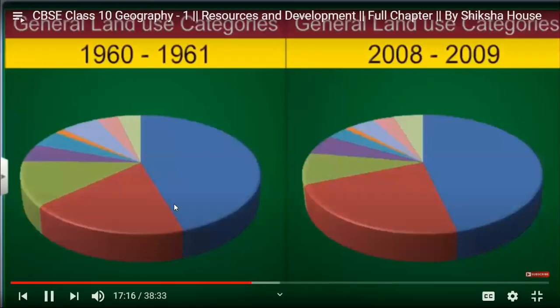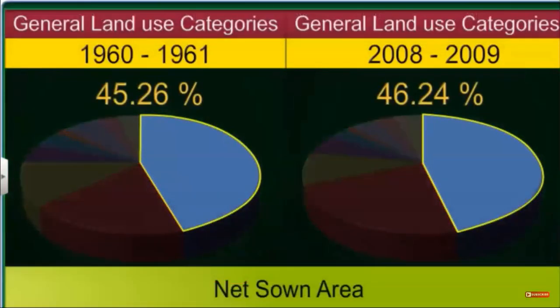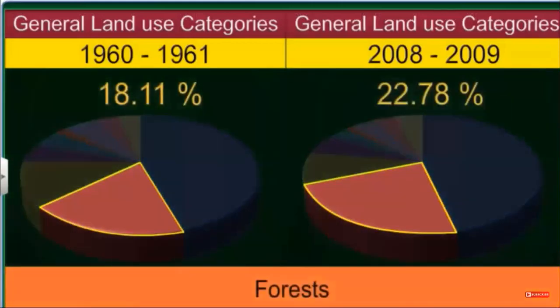Observe that there is no major change in the net sown area during the period. Note that the area under forest increased marginally from 1960 to 2009. But it is still way below the required 33% as planned in the National Forest Policy formulated in 1952.